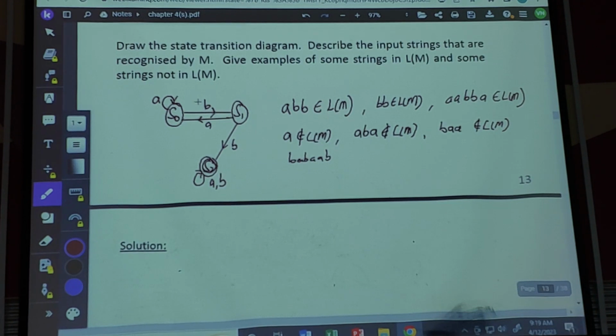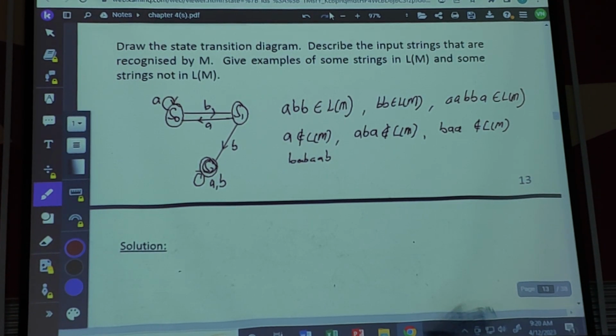Can we just see from the string itself and know the conclusion whether it is in LM or not? Yes, we can. So by looking at the input string given, as long as you have two consecutive B's together in your string, then you can say that it is in LM. Okay?